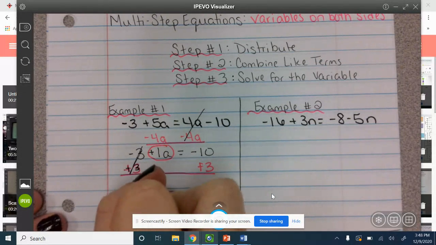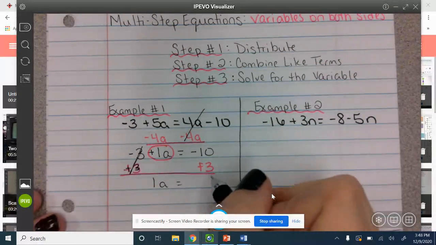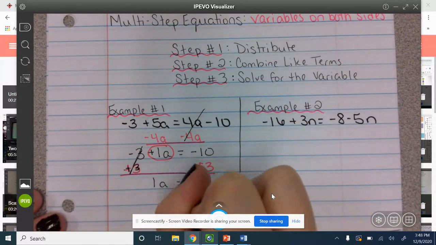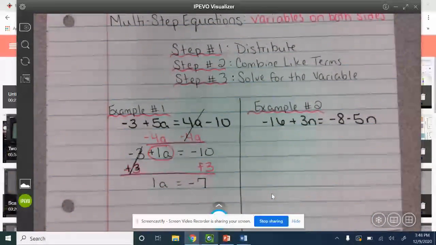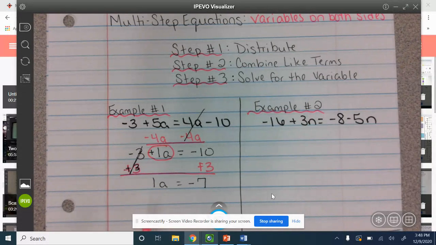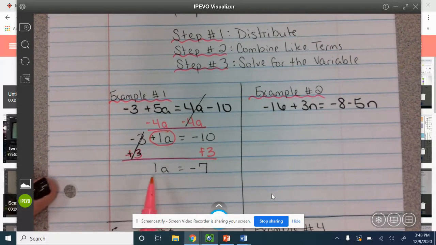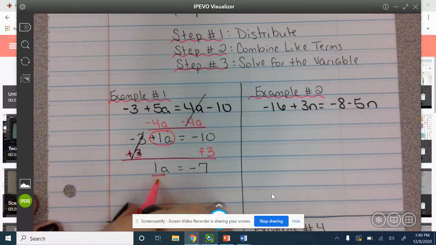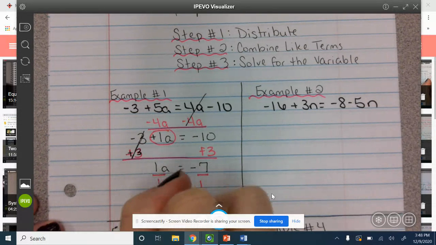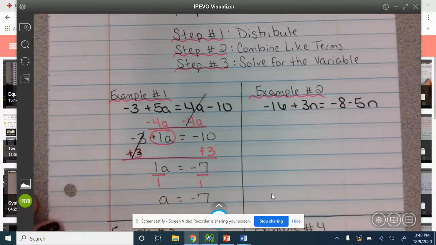I'm left with 1a equals -10 plus 3 will give me -7. Now, all that I have left to do is to undo 1 times a. How do you undo multiplying? You're going to divide. So we divide by 1, and I'm left with a equals -7.